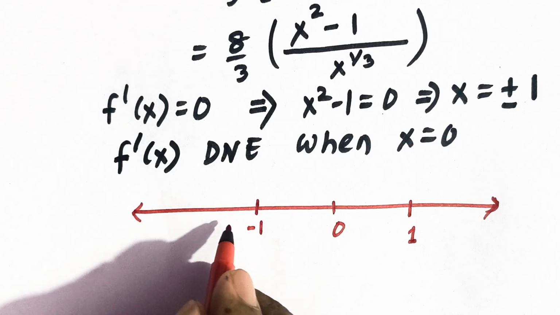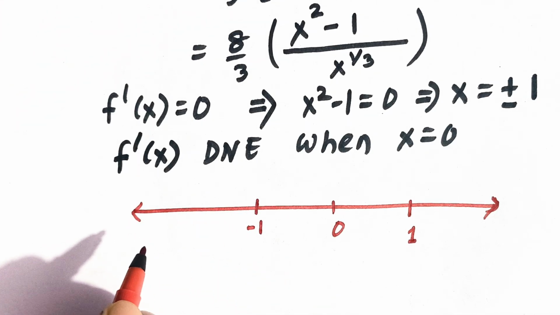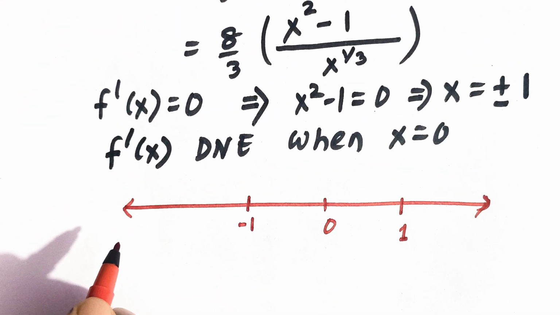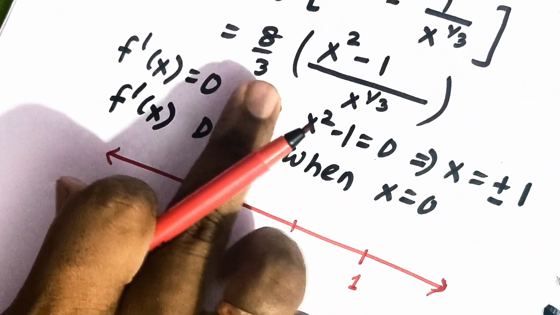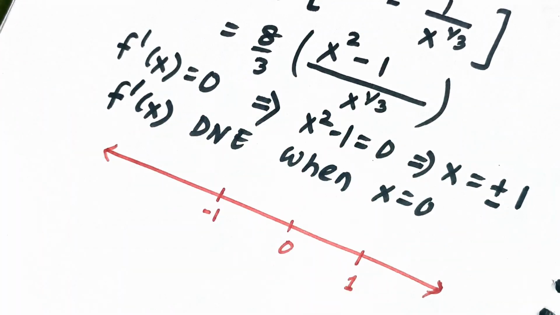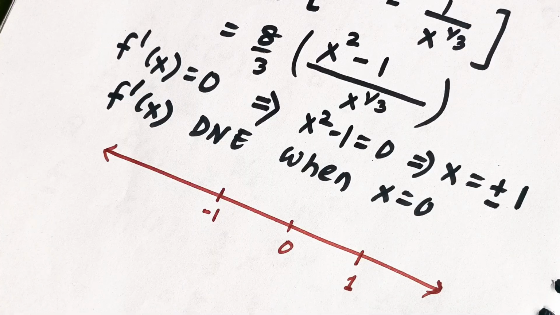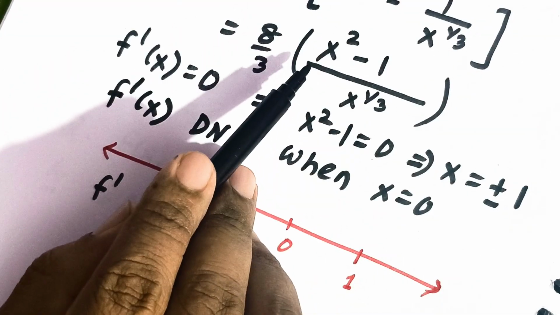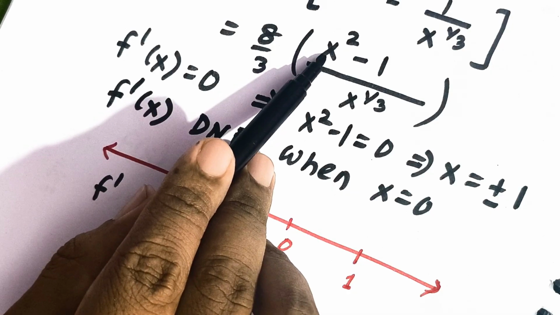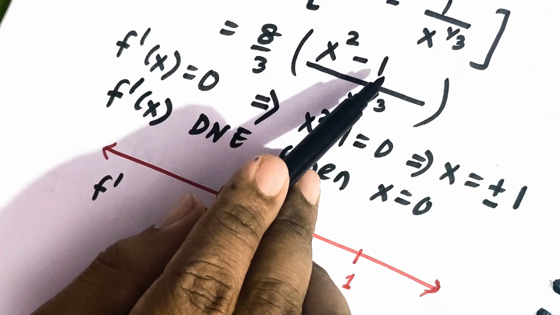Let's check here. Let us put the point, let's say it is minus 2. What is our f dash? Our f dash is this quantity, 8/3 times (x square minus 1) over x to the power 1/3. What is f dash of minus 2? When you put minus 2 here, this is 4 minus 1, which is 3.